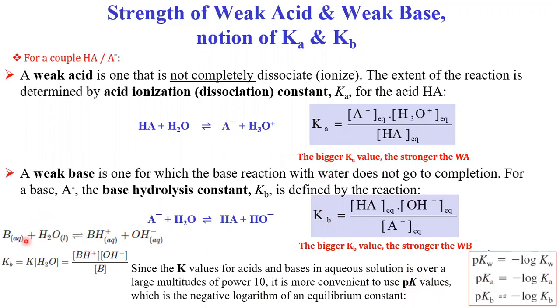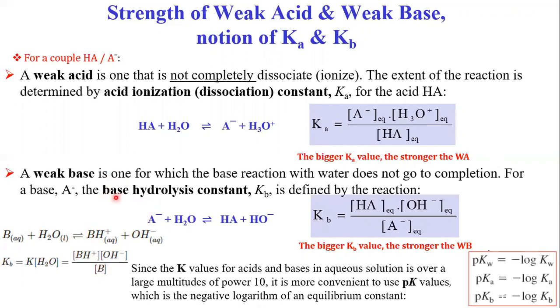Another point that I'd like to make is that sometimes a base is not an ion. So when it gets protonated, it becomes BH plus. Still governed by a Kb, now we have a new equilibrium constant.